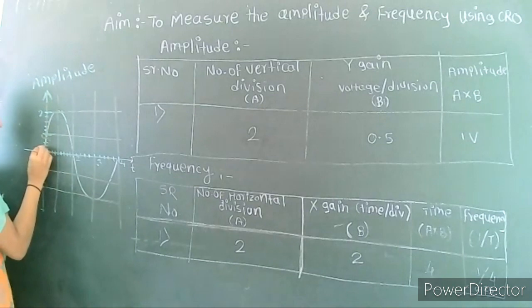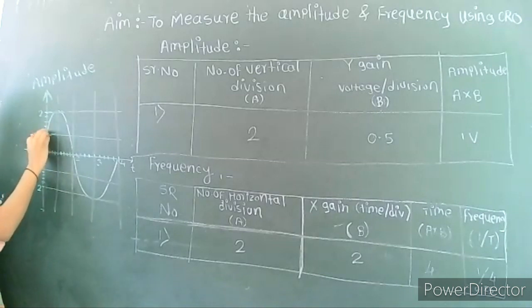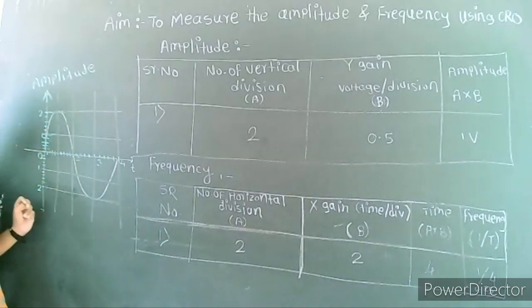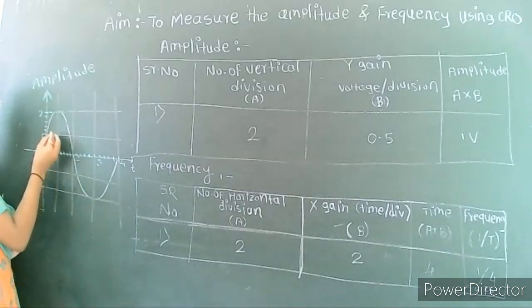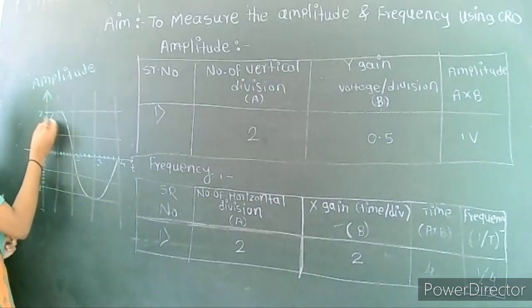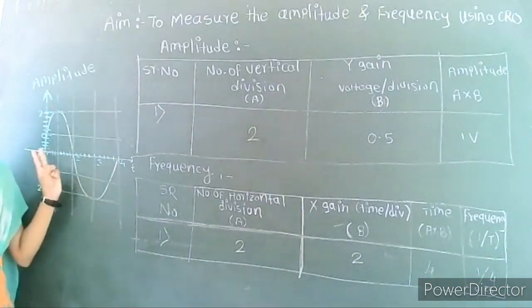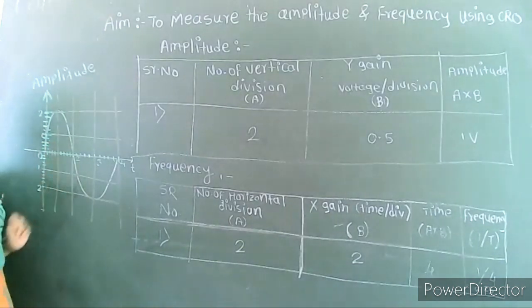These divisions are 0.2, 0.4, 0.6, 0.8 and 1. So this is a total of 1 block. After this, the divisions are 1.2, 1.4, 1.6, 1.8 and 2. So these are a total of 2 complete blocks.